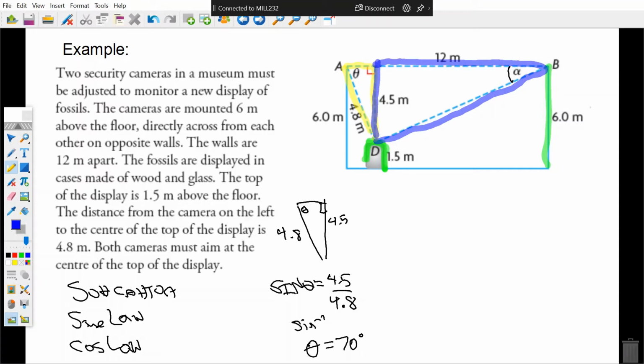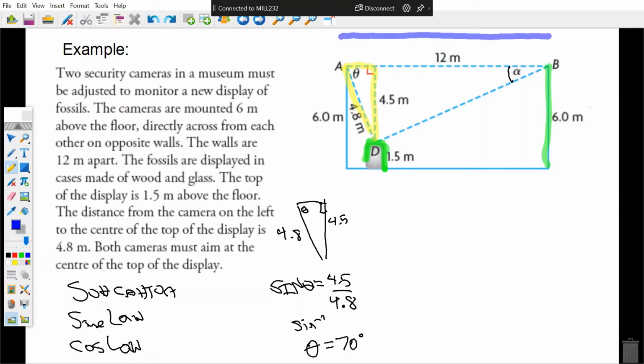The only thing I don't know is this 12. This 12 is the whole thing, right? And I just need up to here, right? I don't actually need the entire piece. So the first thing I have to do is find this little piece right here. I'm going to call it X.